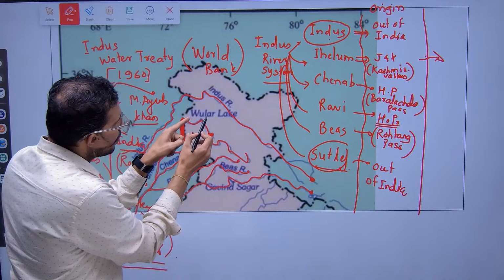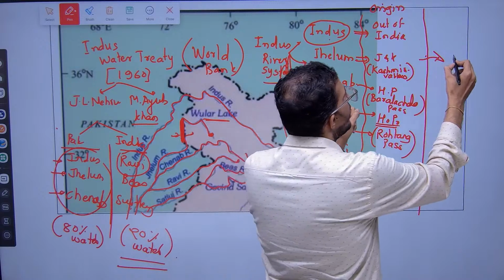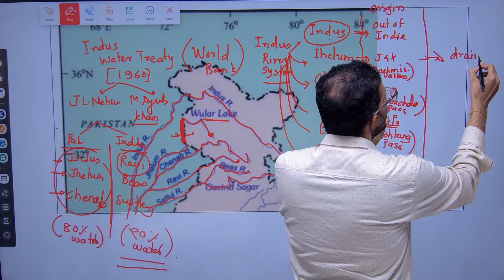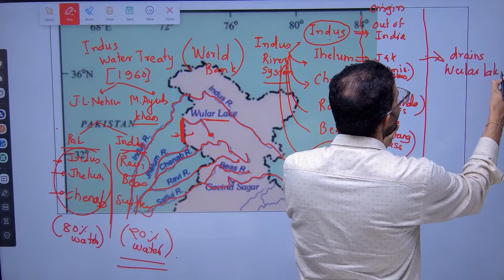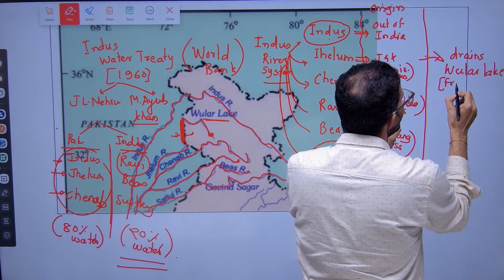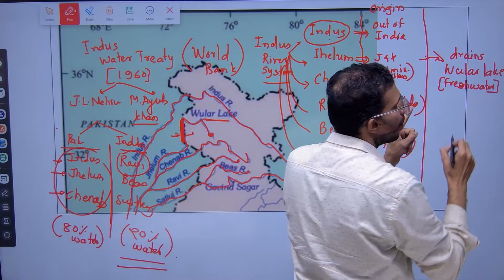If you see, this one is the Vular Lake. So this river drains into the Vular Lake. Vular Lake is which type of lake now? The fresh water lake. Not salt lake.